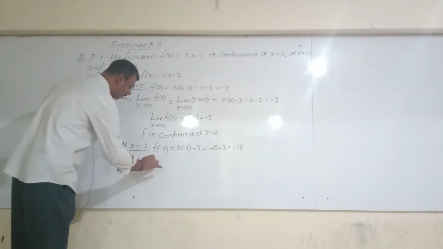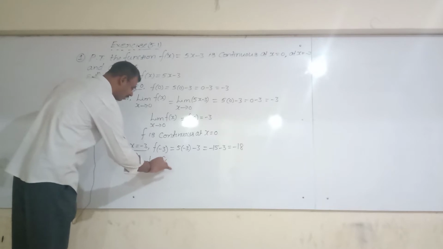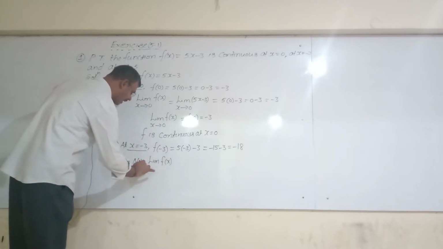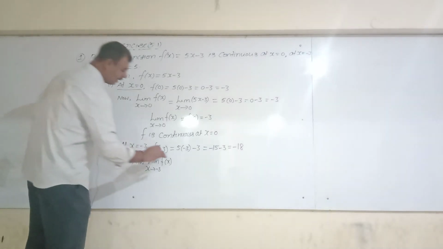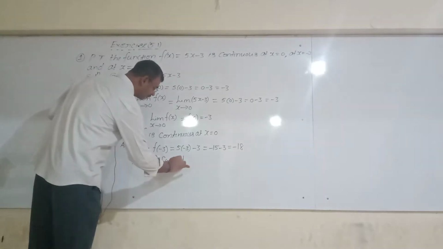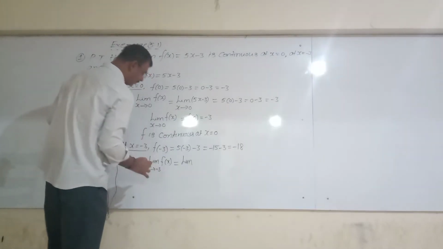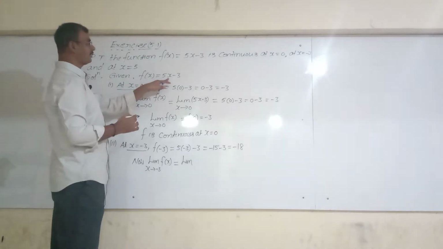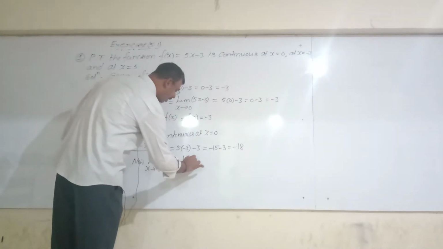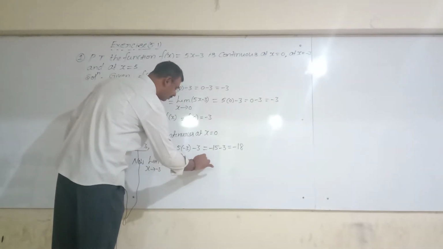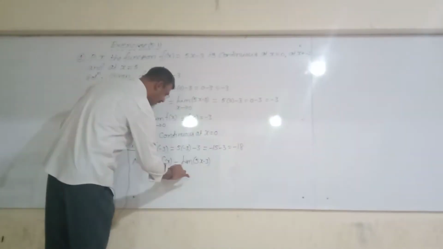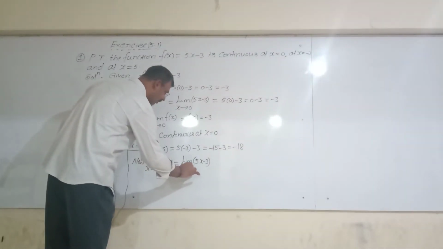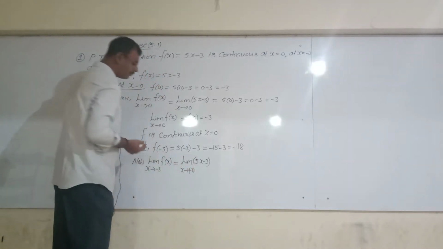Now the limit of f of x as x approaches -3. This equals the limit of the function 5x minus 3 as x approaches -3.